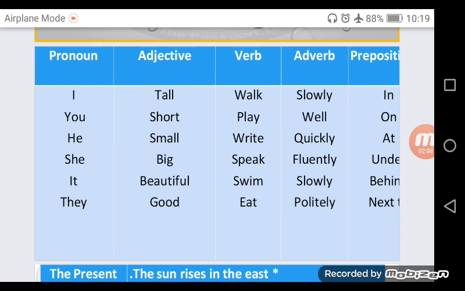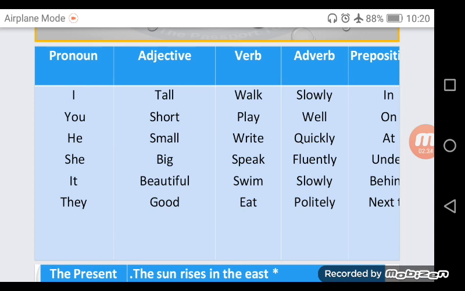As for adjectives, the adjective describes a noun. For example, look at that big man. What a beautiful building.